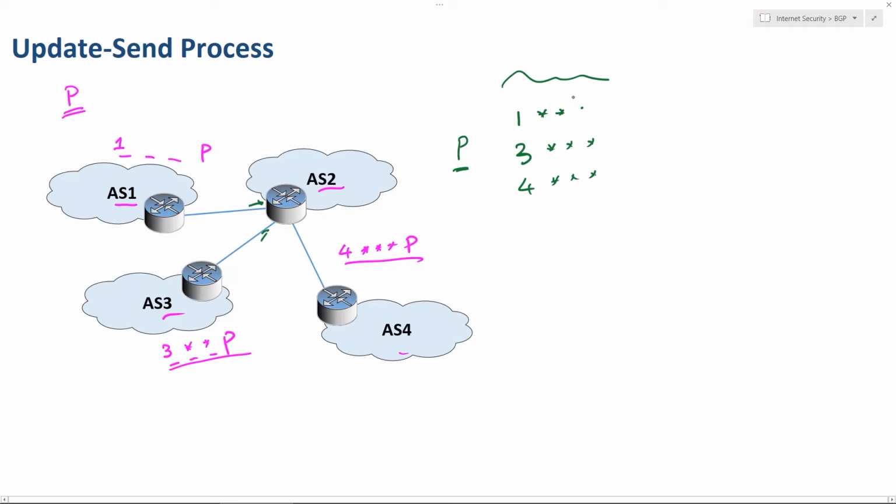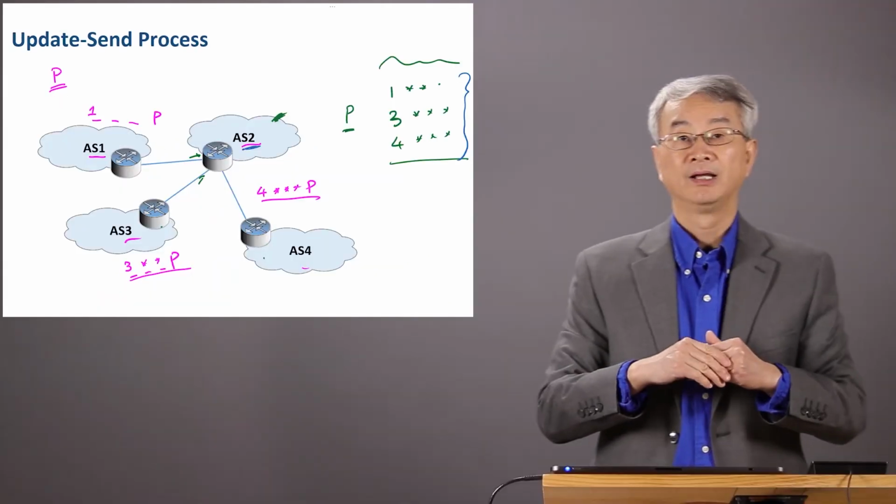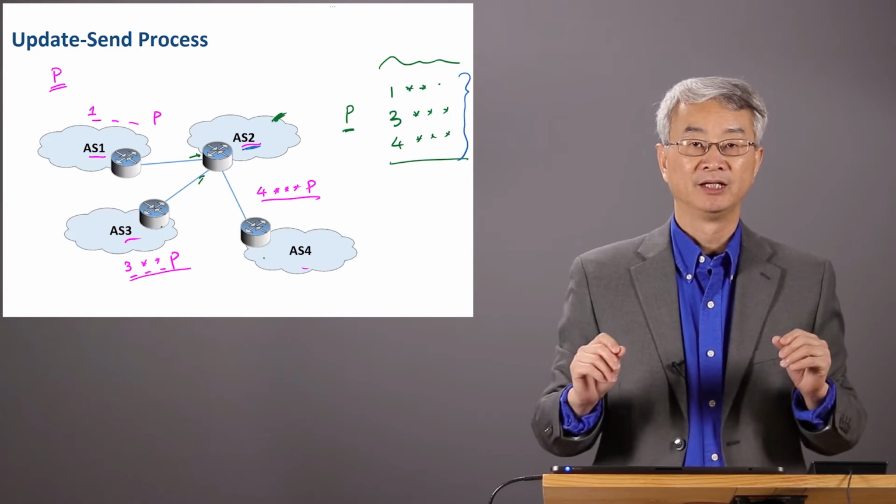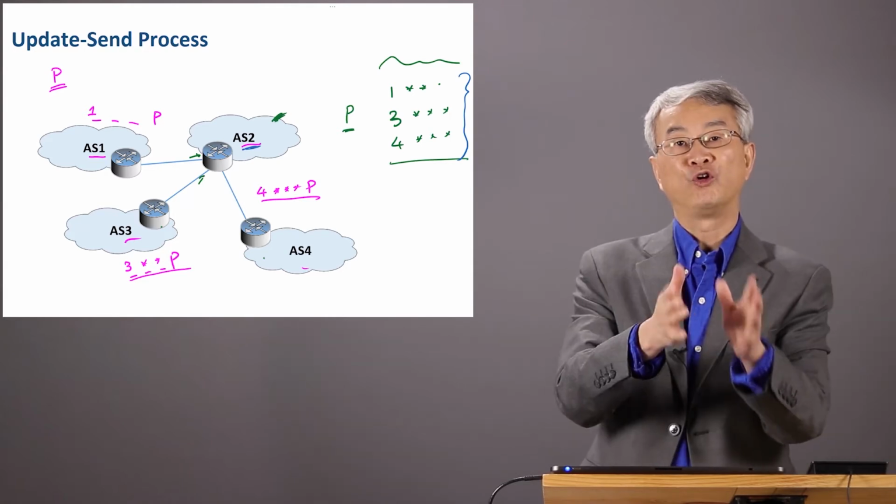This is the list of the AS paths. Now I need to announce this to the outside, to all my neighbors. They are all my neighbors. So this autonomous system needs to pick one. It does not announce all the AS paths to its neighbors, so it has to pick one for routing.